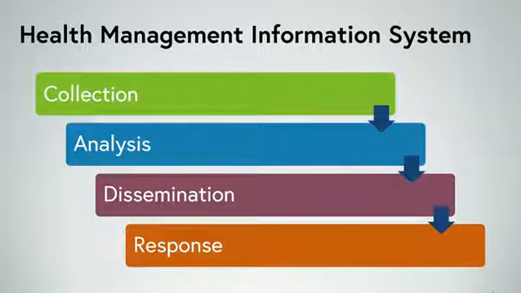Then, through a feedback loop, this data is disseminated back down to the other levels of the health system, where it is then used to inform decision-making and response. This is often one of the first data sources informing health intervention priorities, particularly as part of disaster preparedness.